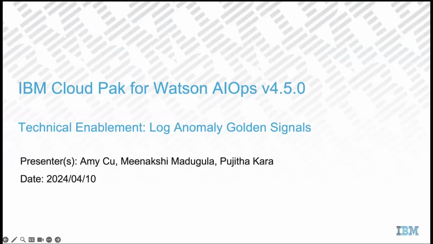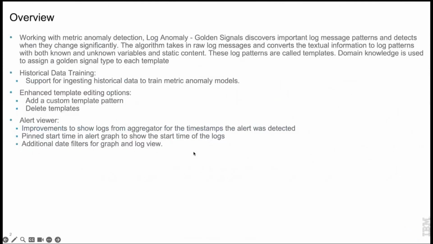I'll be walking through the changes to the log anomaly golden signal specifically that we made for 4.5. Just a high-level overview, we added three things. One is the historical data training that allows you to train the metric anomaly as well as the templates by using historical data.